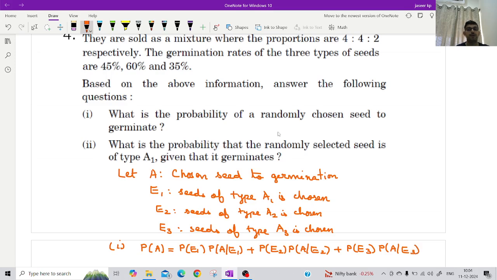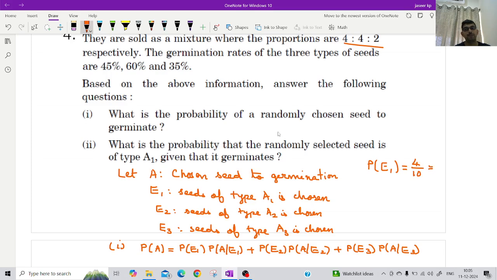Now we have to find the probabilities. Probability of E1, seed of type A1 is chosen. Here it is given that the proportions are 4:4:2. So that means the probability that a seed of type A1 is chosen is 4/10 because the ratio is 4:4:2.